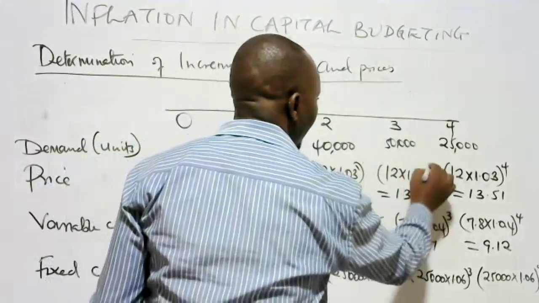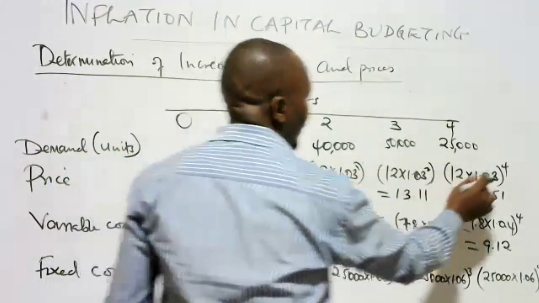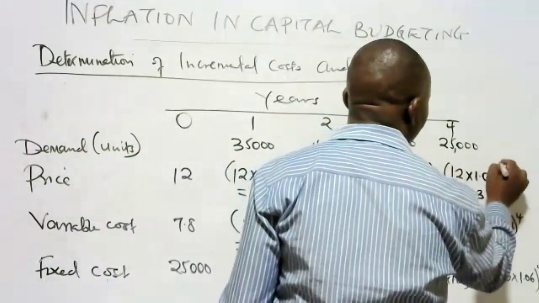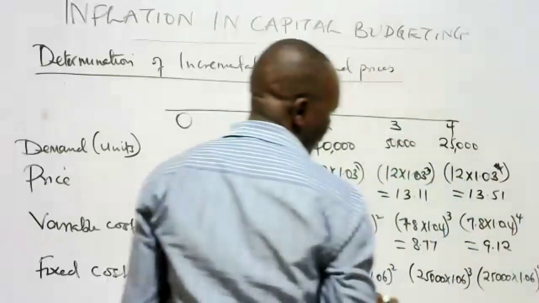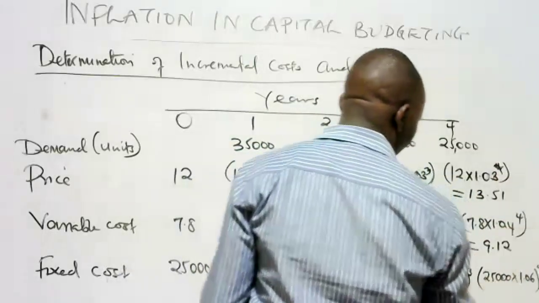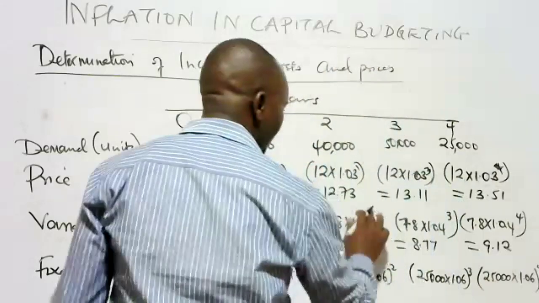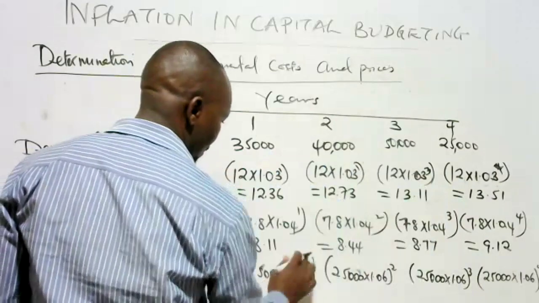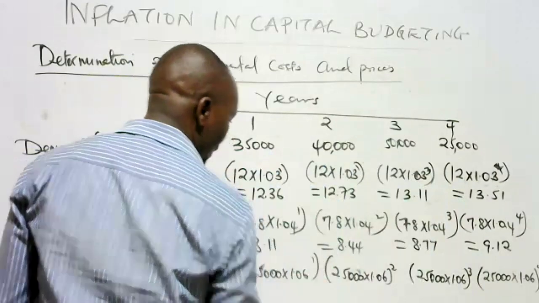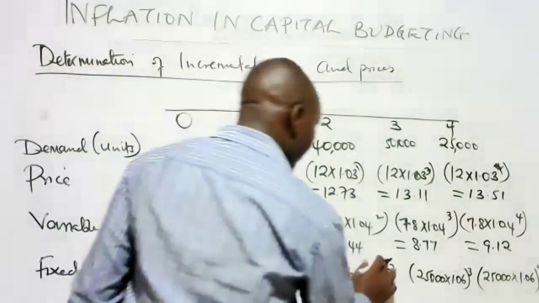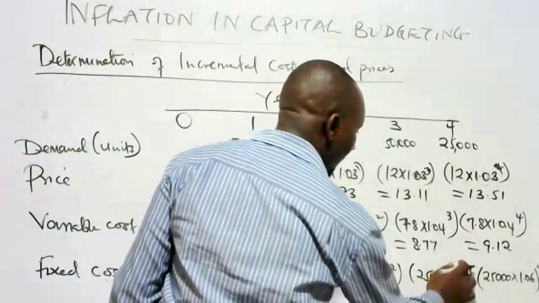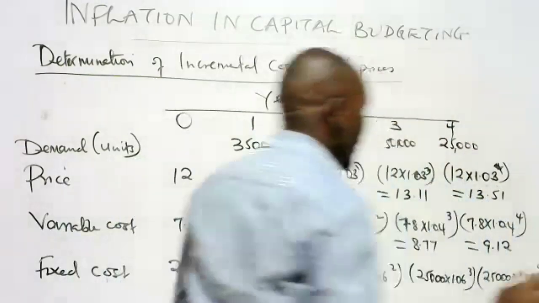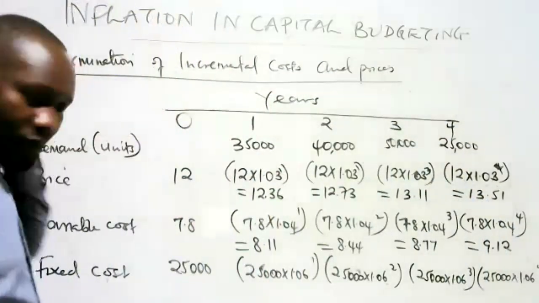This one only, not the whole thing. It is the rate that is increasing, so it is the rate that we need to increase. I think that is okay now.